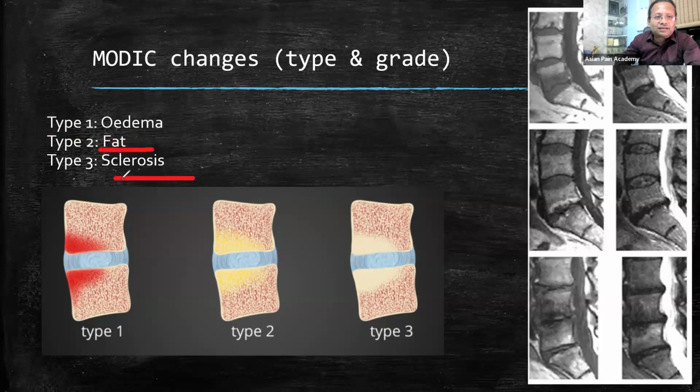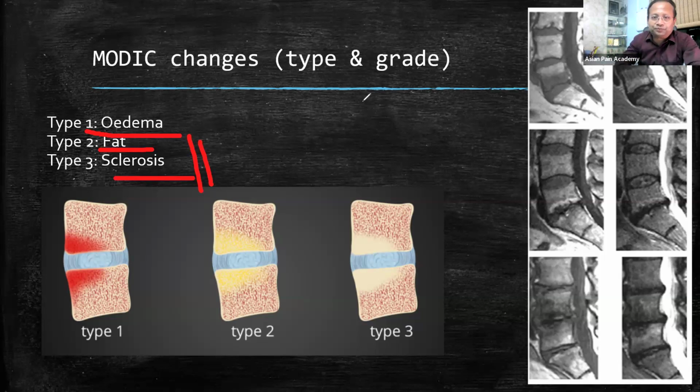Fat and sclerosis both are degenerative, means age related, and we cannot do anything for this background thing. But type 1 is edema. Type 1 can be an inflammation or infection. So if type 1 is there, then you have to be a bit cautious.